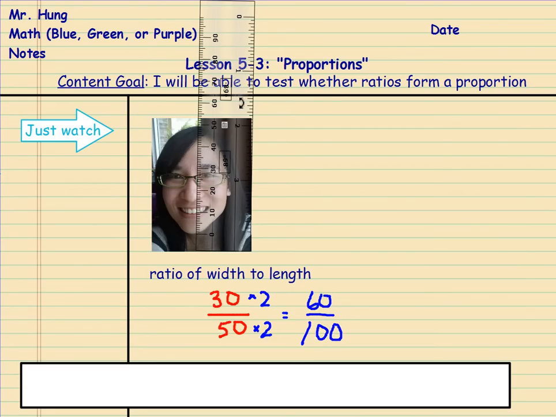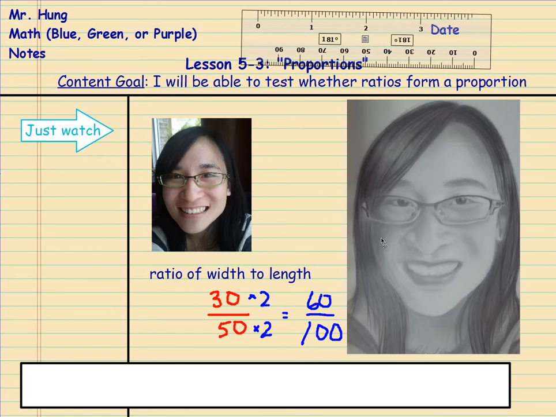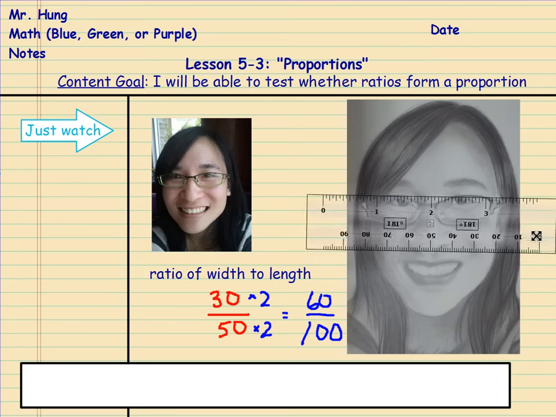Okay, so let's look at my drawing. Here it is. Now let's test to see whether this is true to this proportion, to this ratio. Let's first look at the width. Oops, I'm looking at inches.